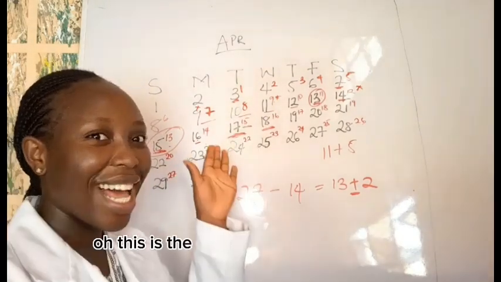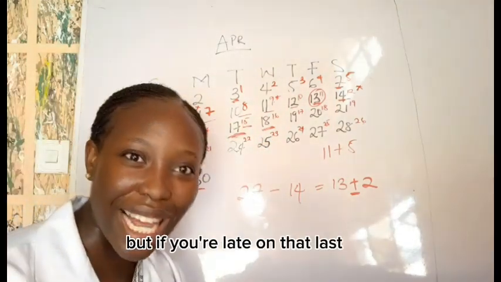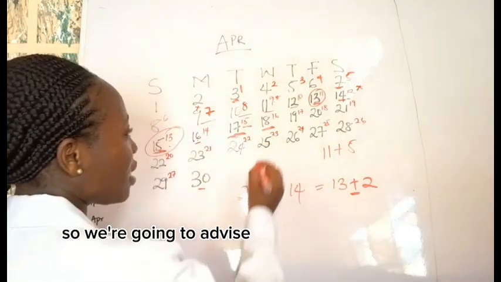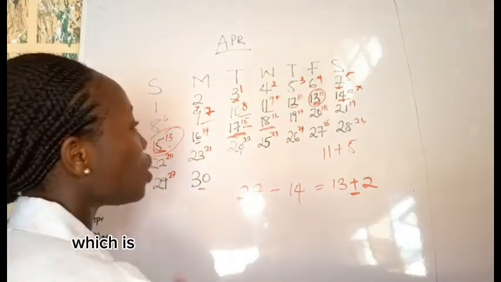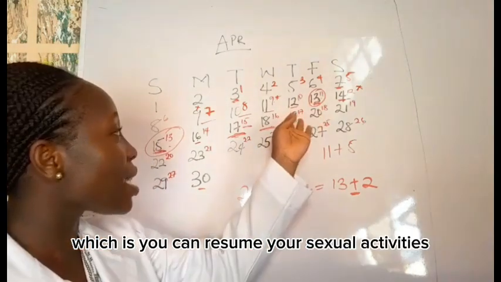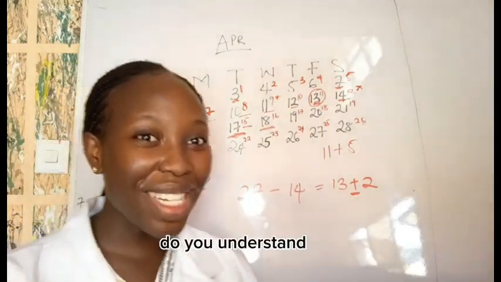Maybe you say, oh, this is the last day of my fertile period, now I can have sex. What if you ovulate on that last day? So we're going to advise that you give a 24-hour period, so you can resume your sexual activities on day 17th. Do you understand that?